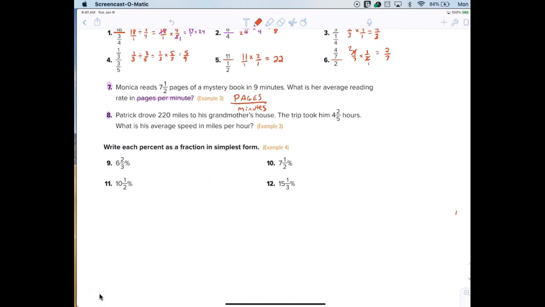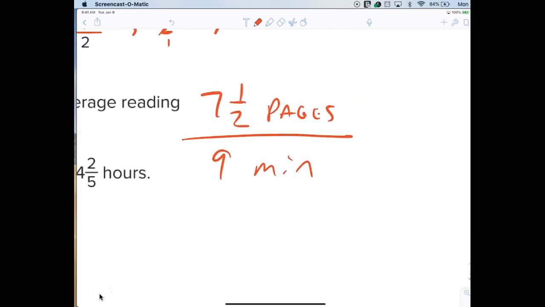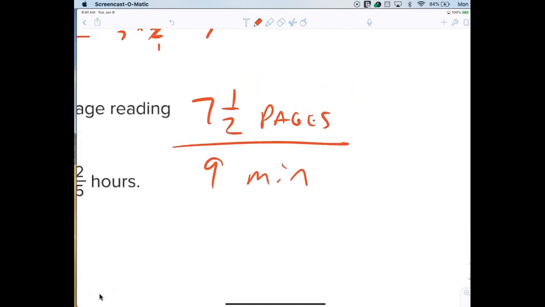So how many pages did we read? 7 and 1/2 pages divided by what? 9 minutes. All right, now we're going to do this one by hand. Do you remember how to do that by hand? What do I have to do first?